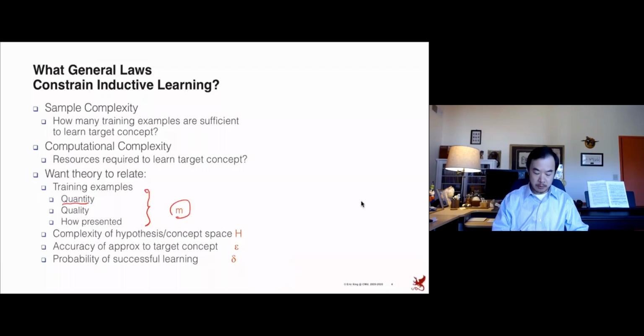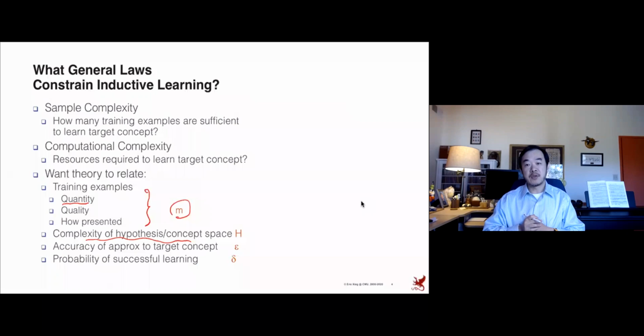We also want to establish the concept of the complexity of the hypothesis or concept space. That has something to do with the computational cost of learning, because you may design a hypothesis which has a certain dimension, which requires a certain number of features, say 10 features or 100 features. That certainly will affect the computational cost of computing such a hypothesis.